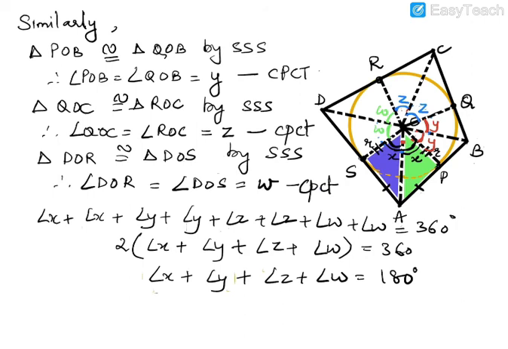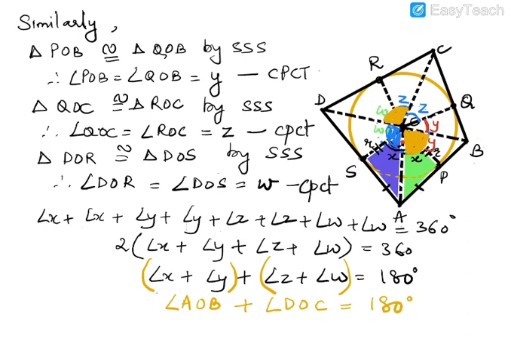Let's group these angles, angle X plus Y together and angle Z plus W together. Notice in the figure, angle X plus Y is angle AOB and angle Z plus W is angle DOC. So replacing these angles, we get angle AOB plus angle DOC equal to 180 degrees.